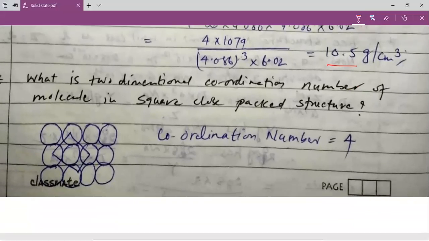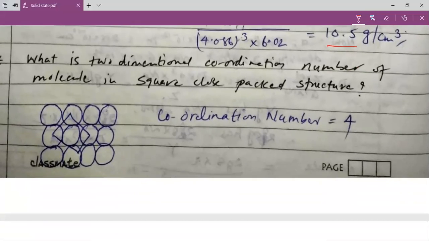Then we have the next question. What is the dimensional coordination number? We need to find out the coordination number of a molecule in a square close packed structure. So let us understand, my dear students, that this square close packed structure is possible only in 2 dimensions.